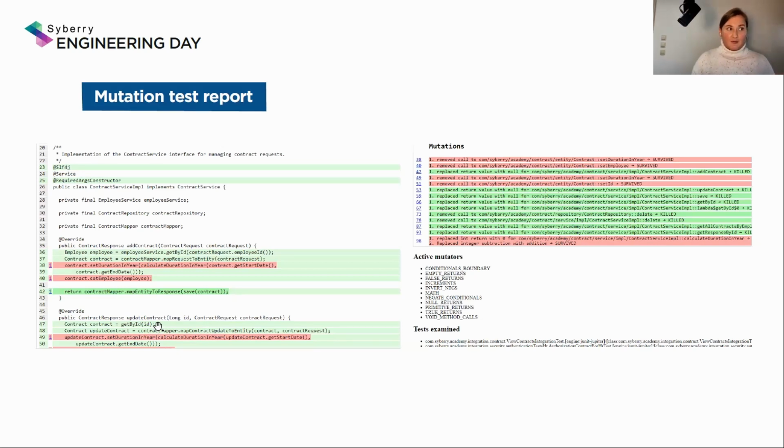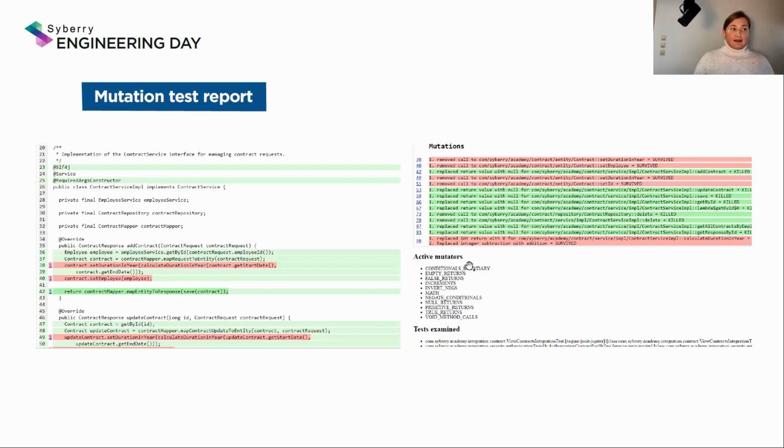And especially here, we need to refactor our test so that it would actually catch that bug if it ever happened. If you check the report, after the mutation section there is an active mutators section, where all the categories of mutators which were applied to this class are shown.